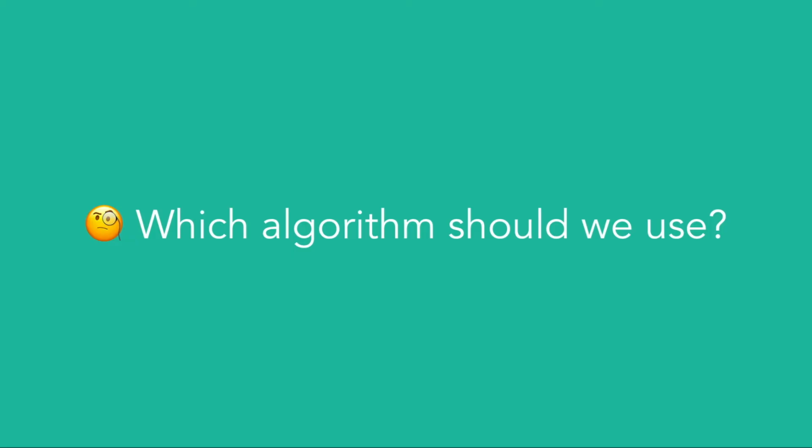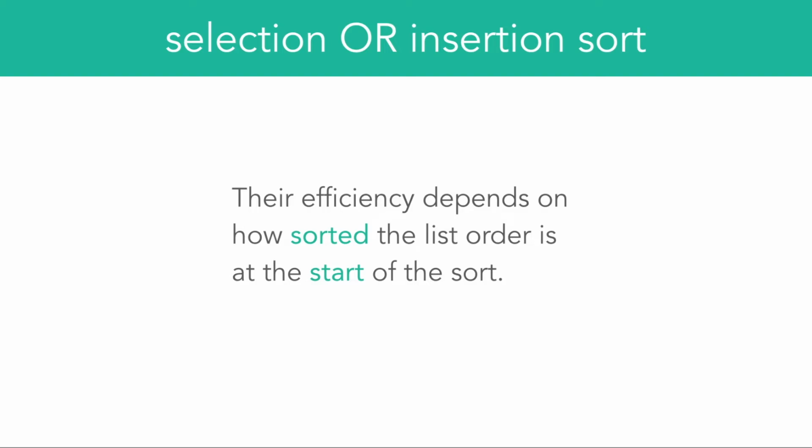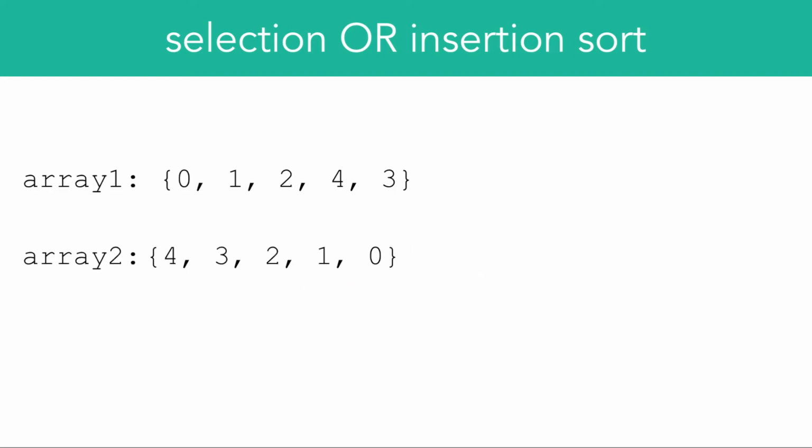Which algorithm should we use? Well, it depends. The efficiency of each sorting mechanism depends on how sorted the list order is at the start of the sort. Given that both sorting mechanisms use different strategies to search, the approach impacts which types of list are best for using each sort. Suppose we had 2 arrays. Array 1 is an array that is almost sorted, and array 2 is in reverse order.